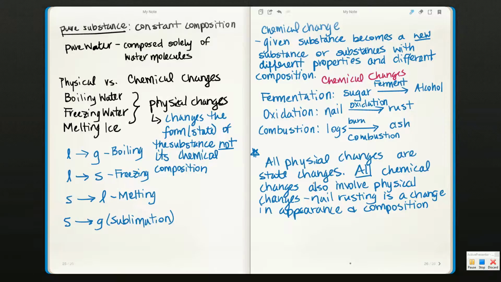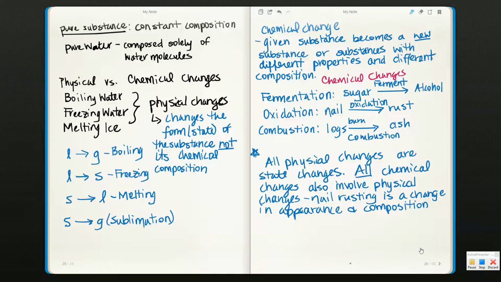So all physical changes are state changes, so that's what these examples here were, and all chemical changes are also physical changes. So you see a difference between what you start with and what you end with. But the important thing to remember is that chemical changes also involve a change in the chemical composition of the substance.